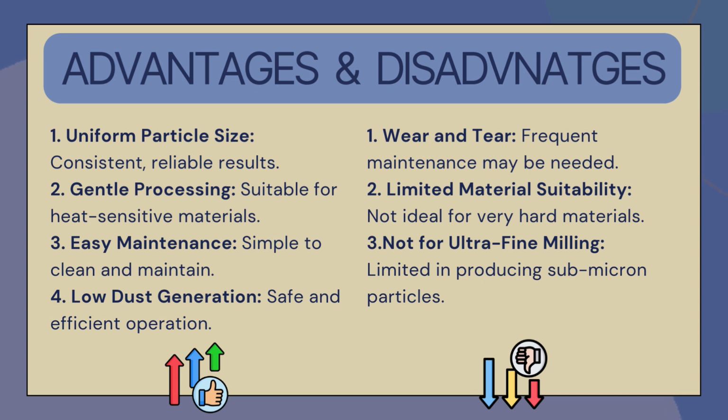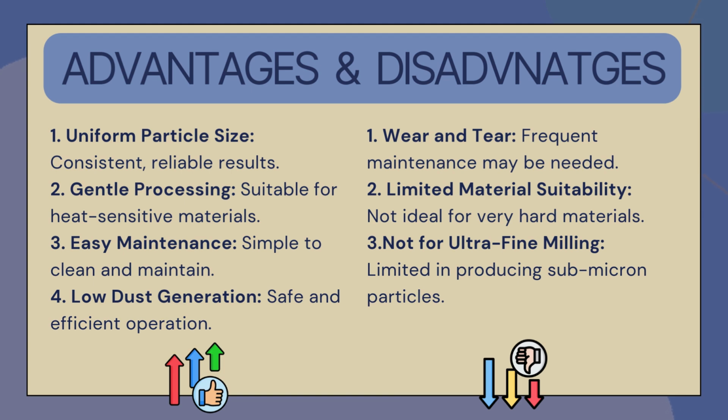Additionally, cone mills are easy to clean and maintain, which is also essential in industries with strict hygiene standards like pharmaceutical and food production. So these were the major advantages of cone mill.